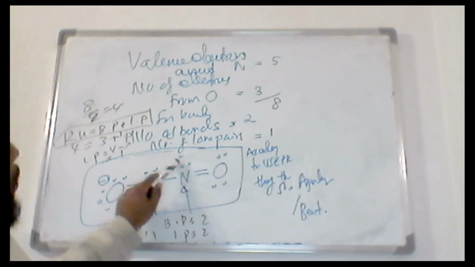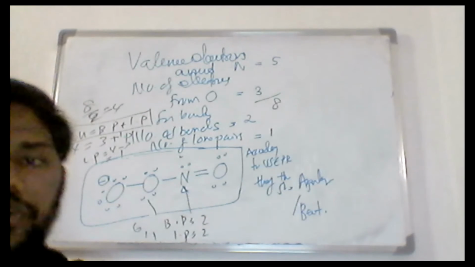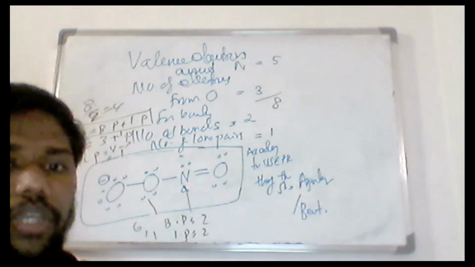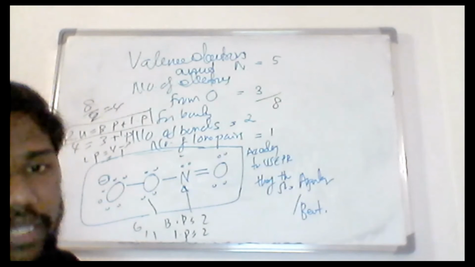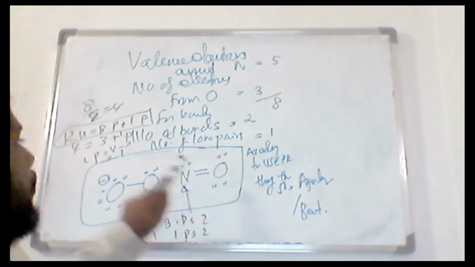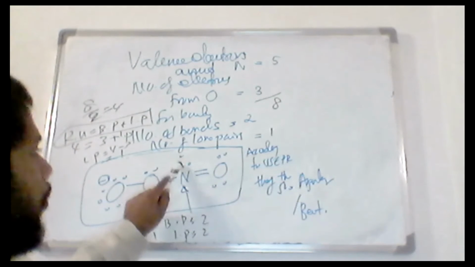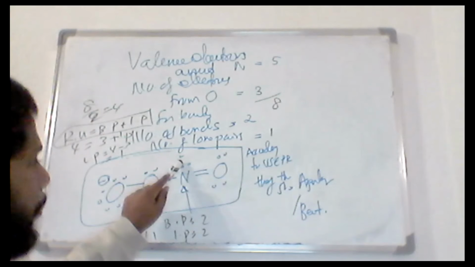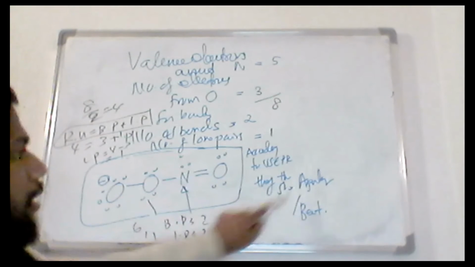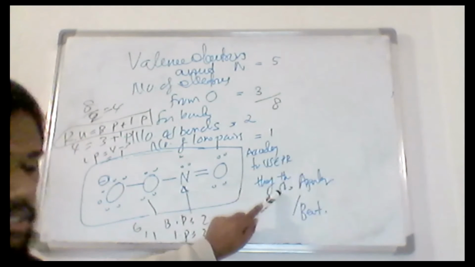Yeah, this one. So for the electron pair geometry, if you can remember, I said we count the sigma bonds and the lone pairs. So here we have 1, 2 sigma bond, 1 lone pair. So 2 bonding pairs, 1 lone pair. It gave you the structure angular or bent.